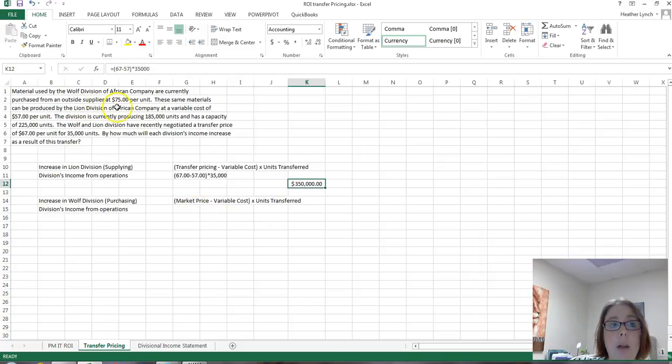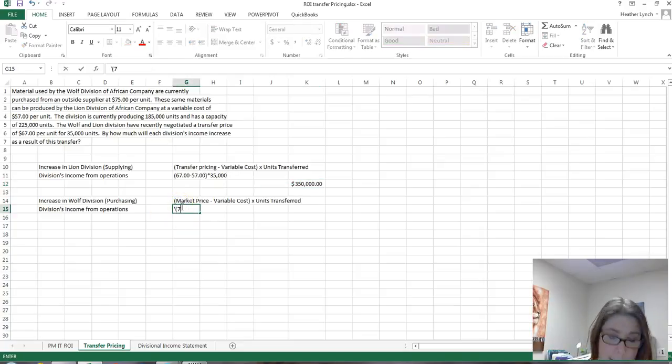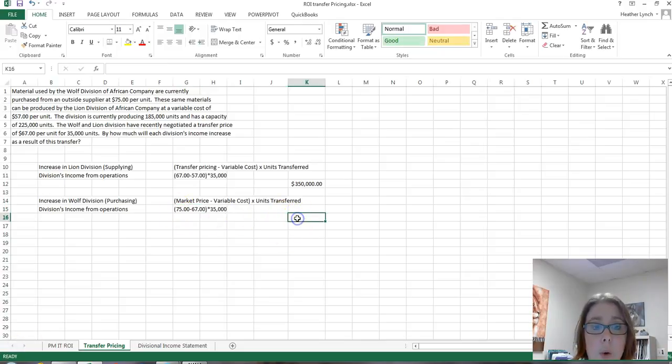They're going to take that market price of $75 that they can purchase it for, minus what Lion is offering, times again the units transferred. Okay, so we're going to take that $75 minus the $67 transfer price that they negotiated, times the 35,000 units. Okay, so that would be our equation. So we're going to use the $75, we're going to use the negotiated transfer price.